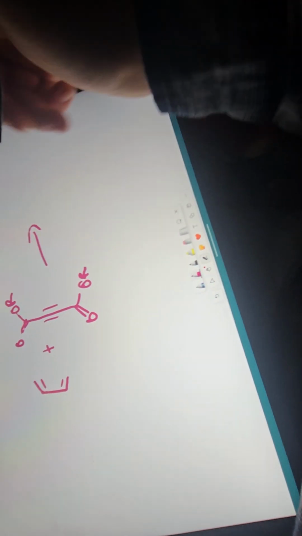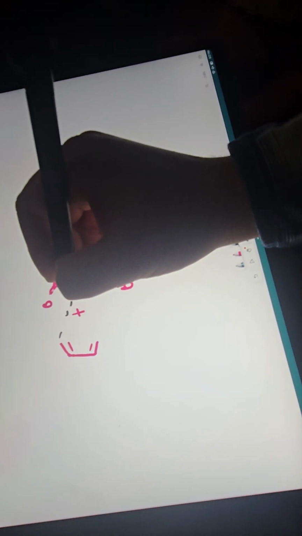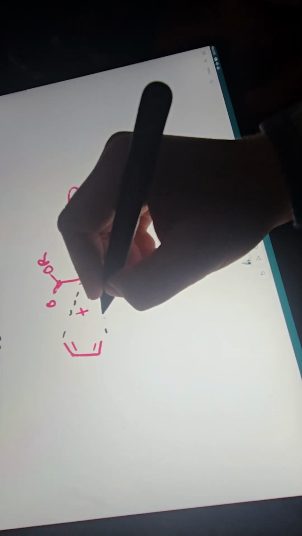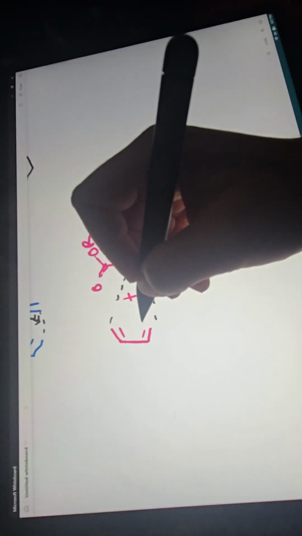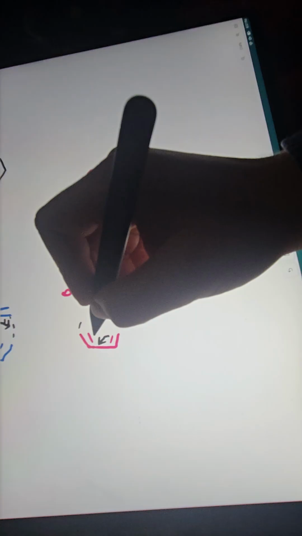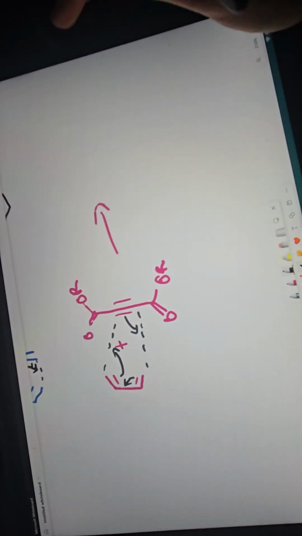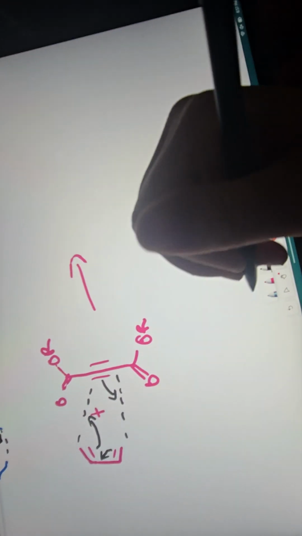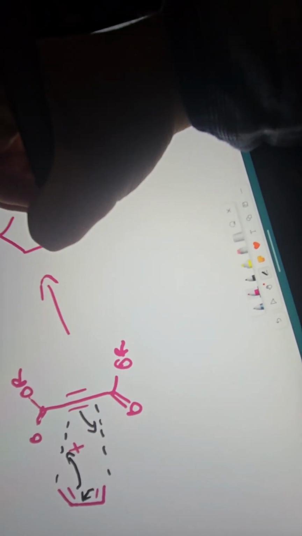Which will form, again, the reaction mechanism is still the same. But that will go on to form something that looks like this.